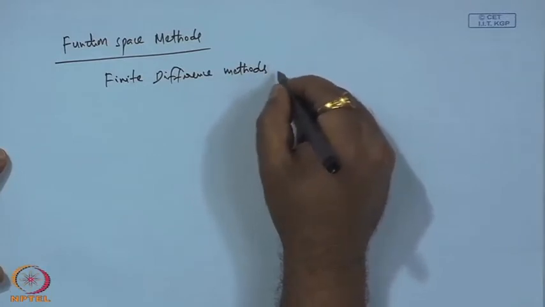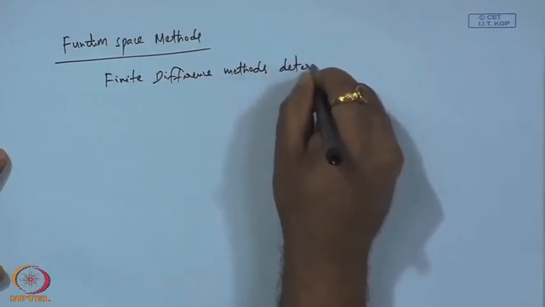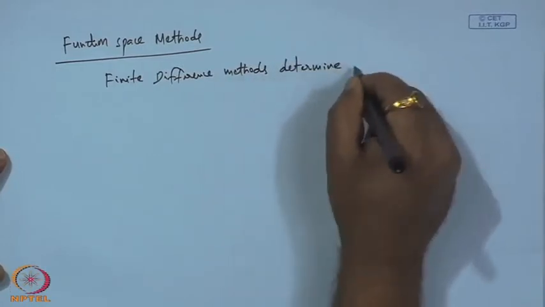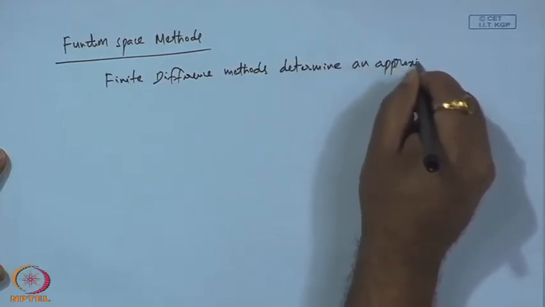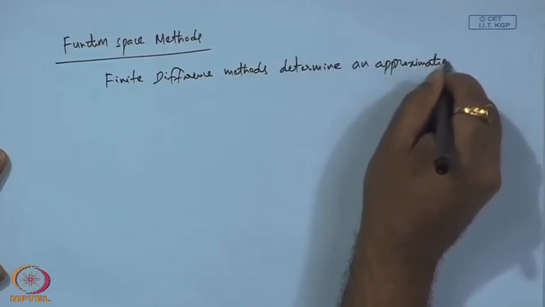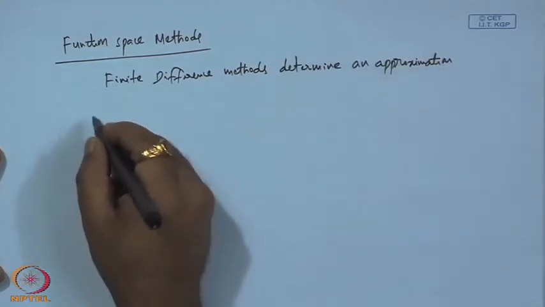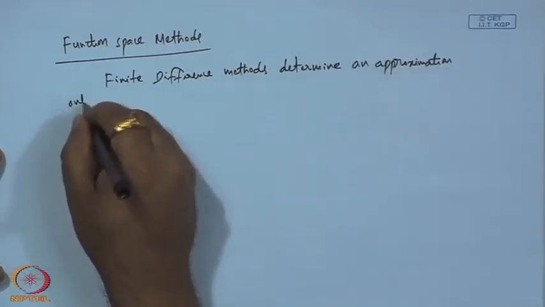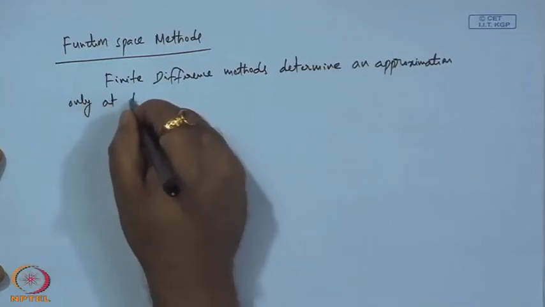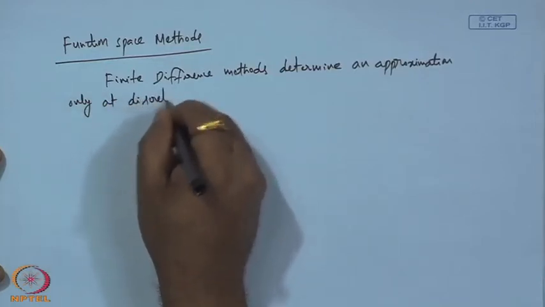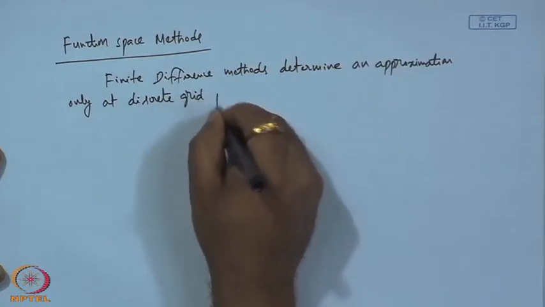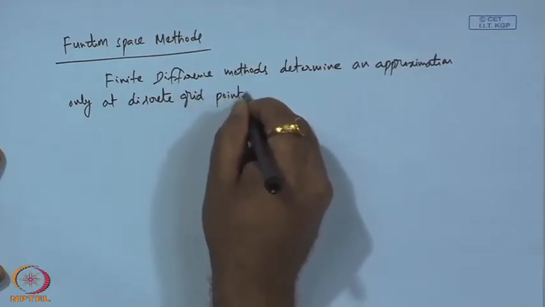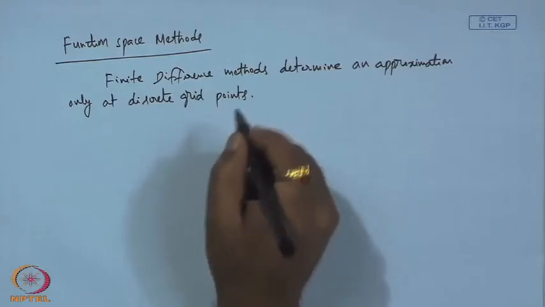These methods determine an approximation only at discrete grid points.